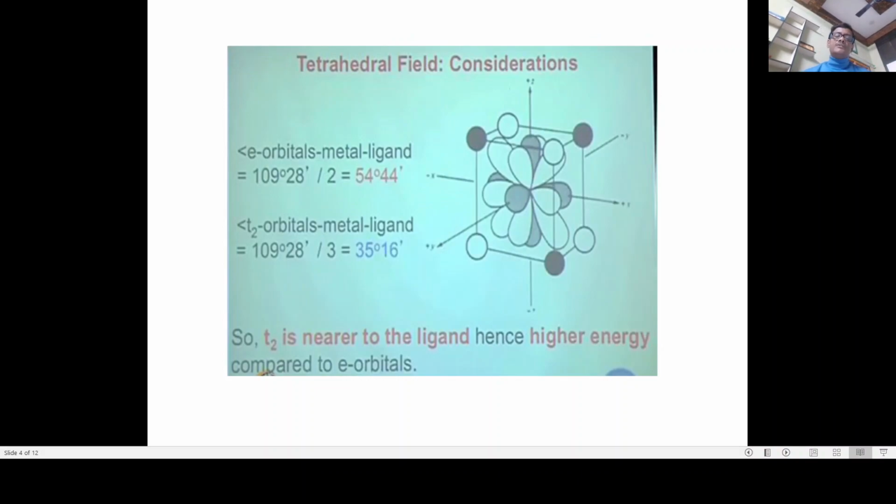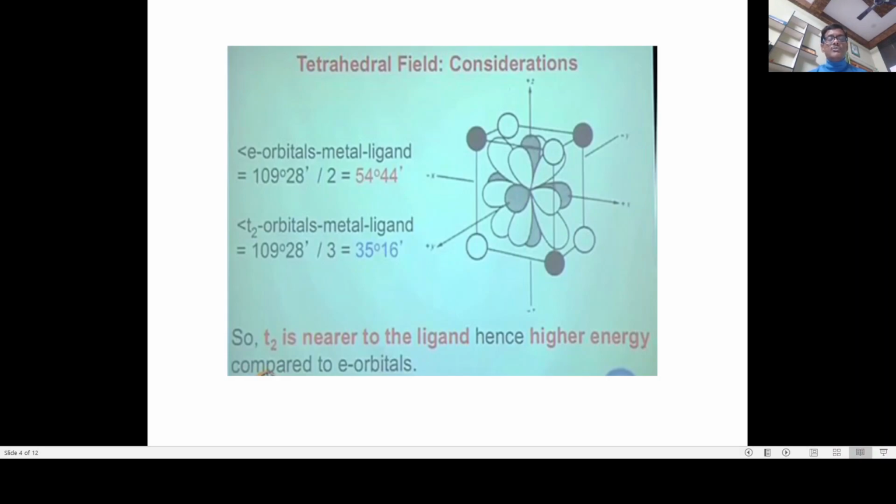In crystal field theory, the consideration is the metal-ligand interaction. For e it is 109°28′/2, which is 54°44′, and for t2 it is 35.1°.